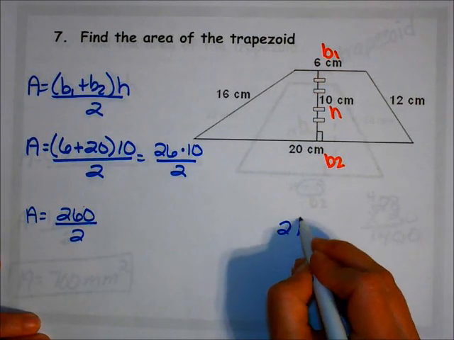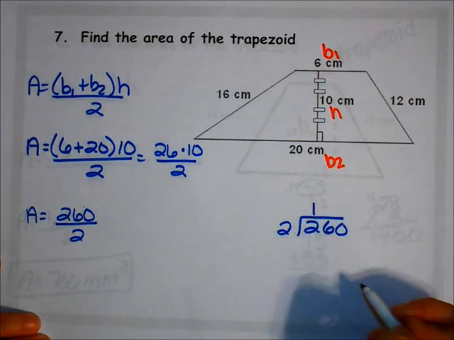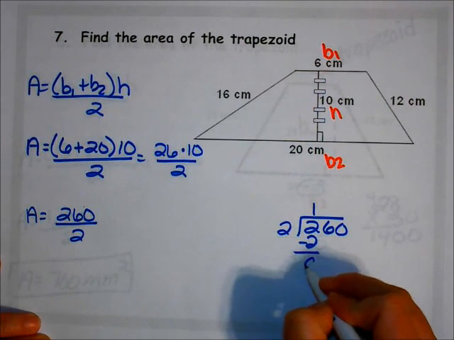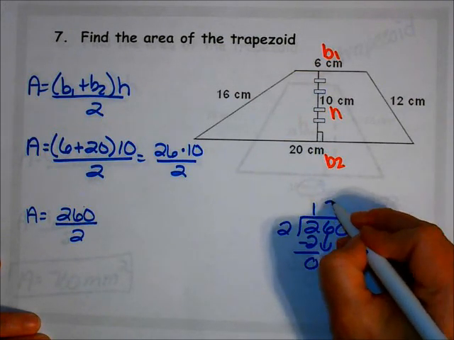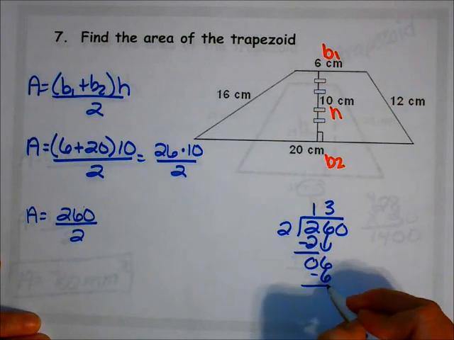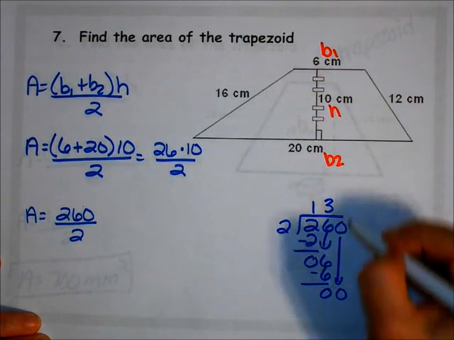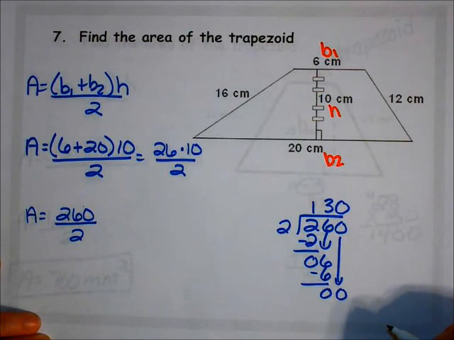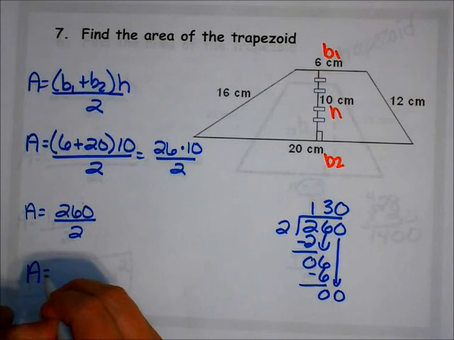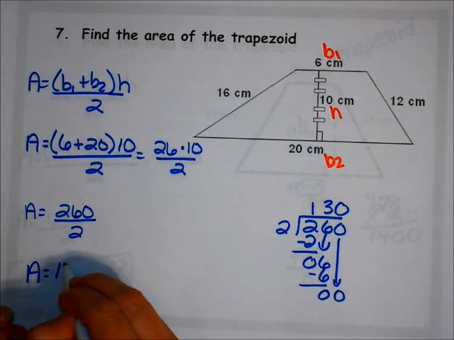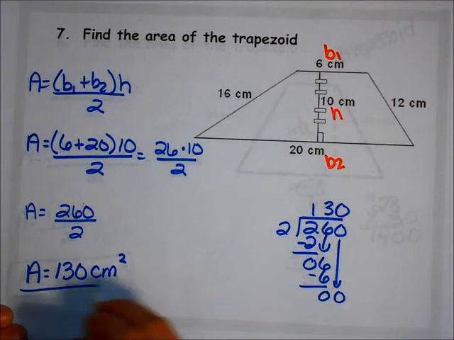I can go to the margin if I need to do my division. 2 goes into 2 once, with none left over. Bring down the 6. 2 goes into 6 3 times, with none left over. Bring down the 0. 2 goes into 0, 0. So 260 divided by 2 is 130. So the area of my trapezoid is 130 centimeters squared.